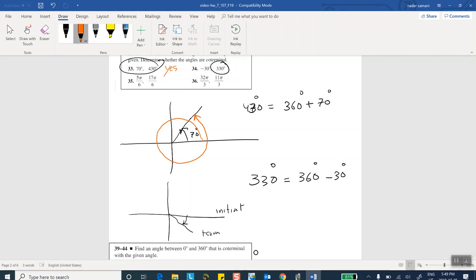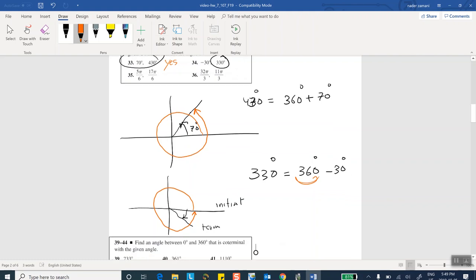So let's see if that actually works. The fact that this is positive 360 means you start here and you go by that much. That'll take you to 360, but then you back off by 30 degrees. So you stop right here. The correct way of drawing this angle would look like this.